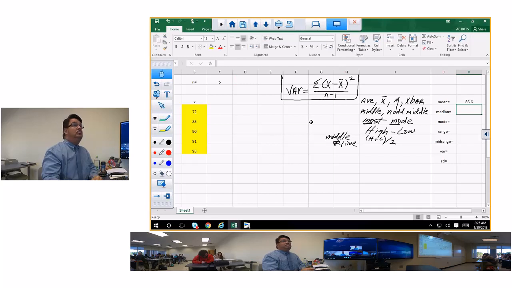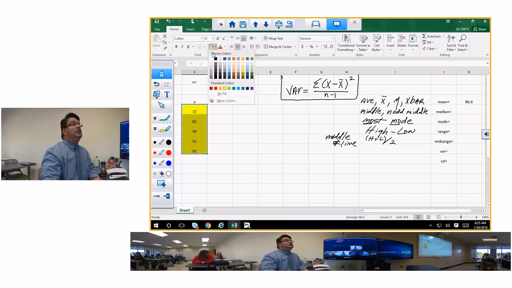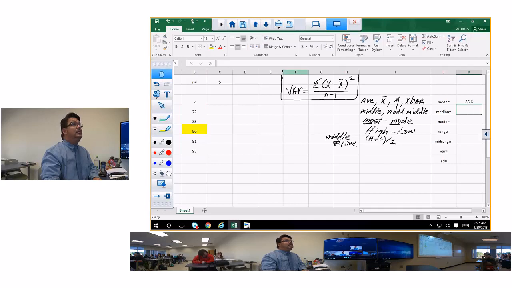Okay, the median, I'm going to change this back to white and change this to, and change that to that. So there is your median. Why did I pick the number?